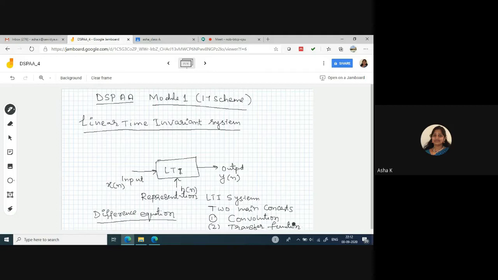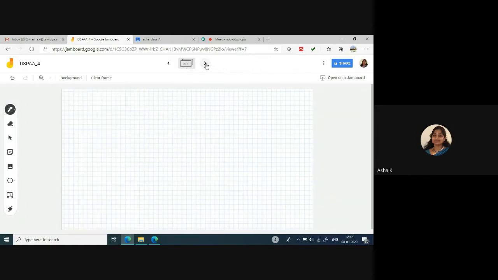Convolution is used to determine the response of the LTI system in the time domain. The system transfer function is used to determine the response of the LTI system in the frequency domain. We'll discuss these convolution and transfer function in detail in the next slides.